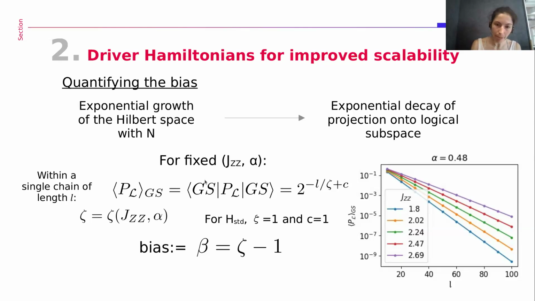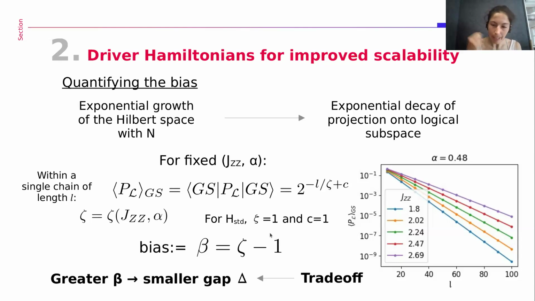And if we take a look at this particular exponent that goes with the chain length, where L is the chain length, we can define this coefficient beta, which we're going to call the bias, and we're going to define it as this zeta minus 1. Why this minus 1? Essentially because for the standard transverse field driver, this is 1, and that would correspond to a completely unbiased initial guess, so that's why we're subtracting 1.